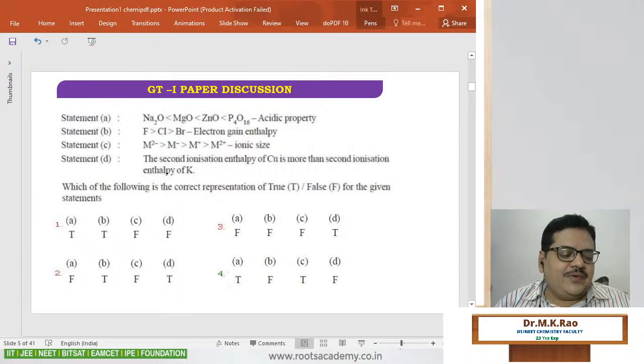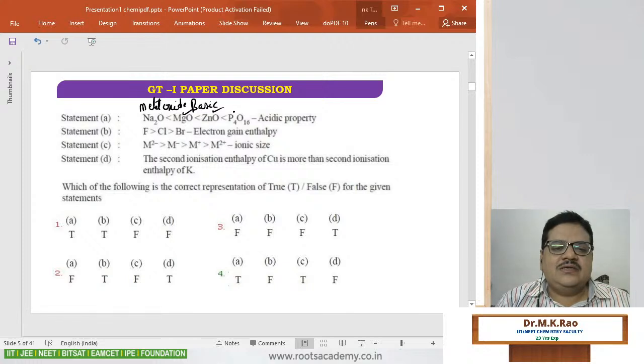Acidic property: if you go from left to right in the periodic table, metal oxide is always basic, then weakly basic, then acidic. So statement 1 is correct. And electron gain enthalpy: no, it is not correct, because chlorine should have more electron gain than fluorine and bromine. So it is an incorrect statement.